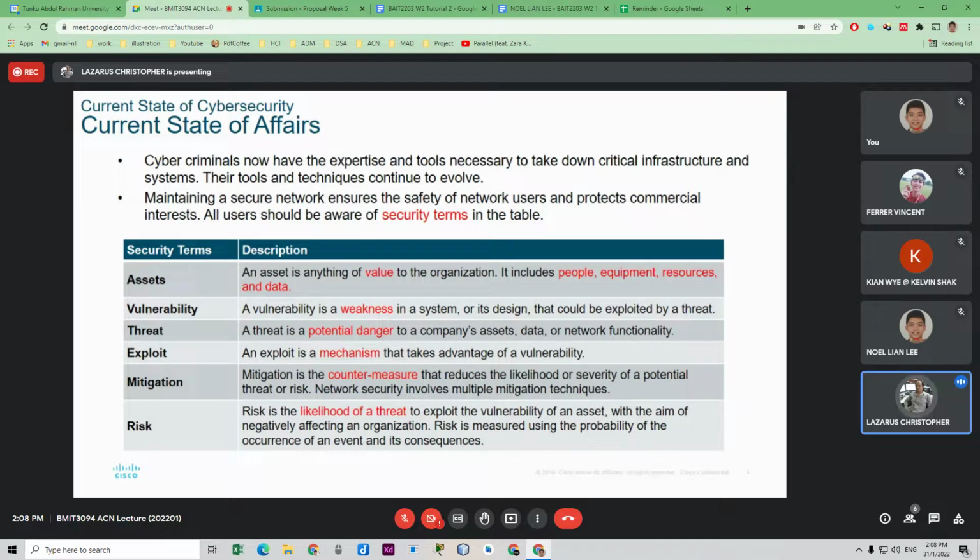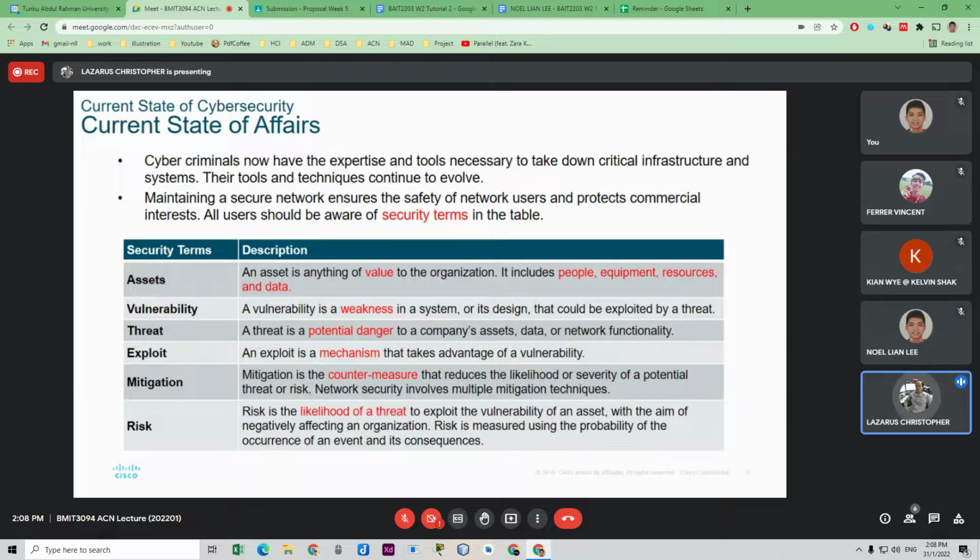And it's a constant fight between infosec people, information security people, and these cyber criminals. As cyber criminals invent new ways to carry out cyber crime, infosec people also try to come up with tools to prevent it, and tools to carry out forensic work to catch them. So it's a constant battle between these two groups of people.